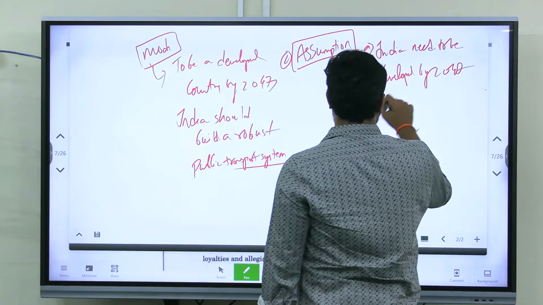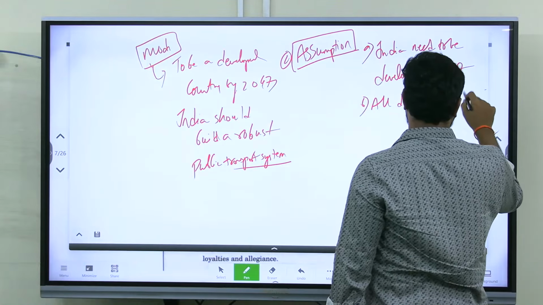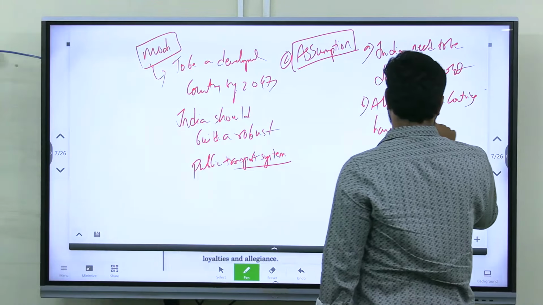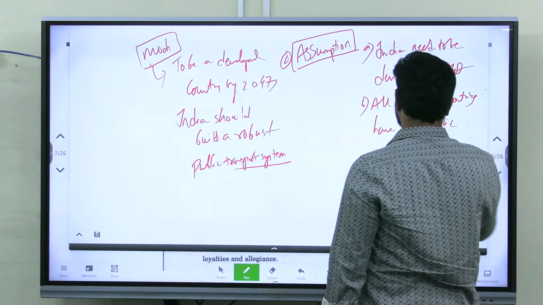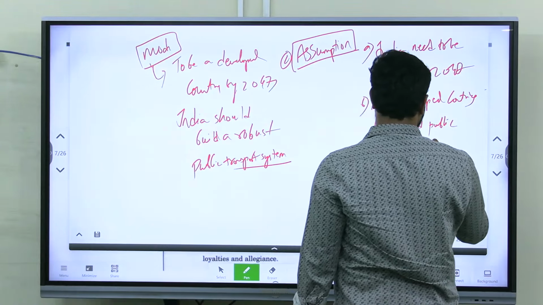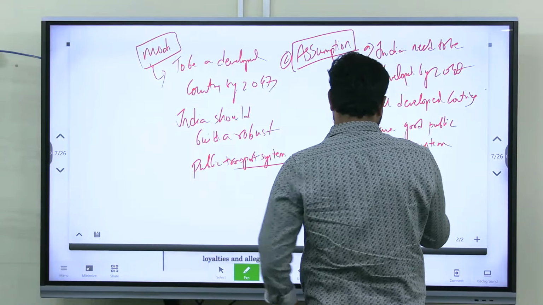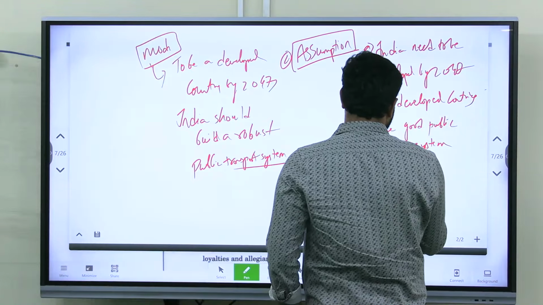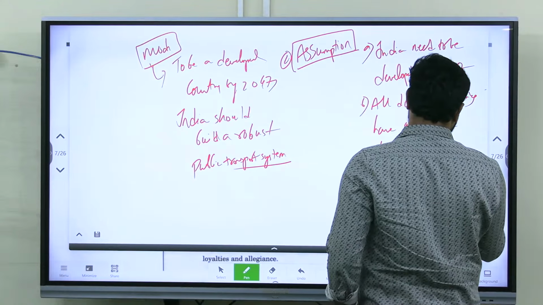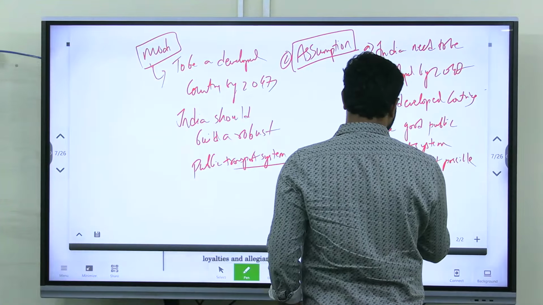Second, all developed countries have good public transport system. Third, development is not possible without public transport system.